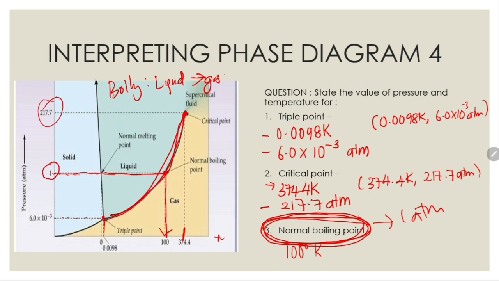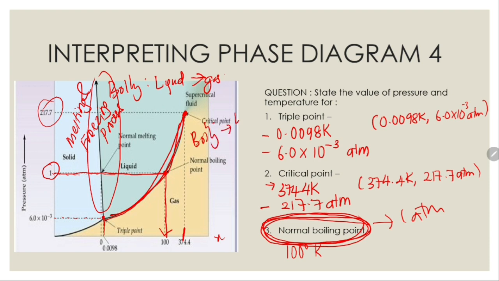This one is between solid and liquid. This is for the melting and freezing process. Depending on which way it goes: if you start from a solid to liquid, it's a melting process, but if you start from a liquid to a solid, it's a freezing process. Between the liquid and gas equilibrium line, we have boiling if it's liquid to gas, and condensation if it's from gas to liquid.